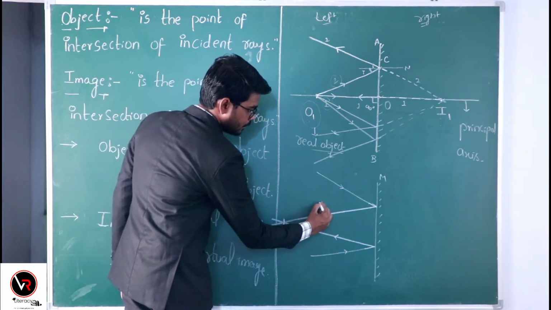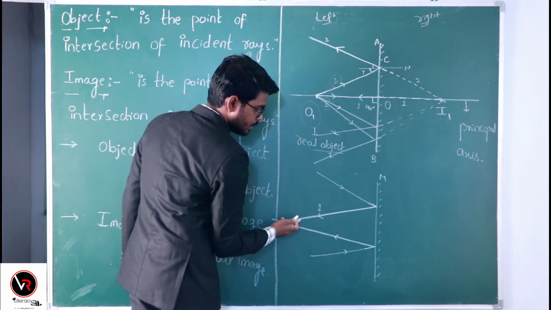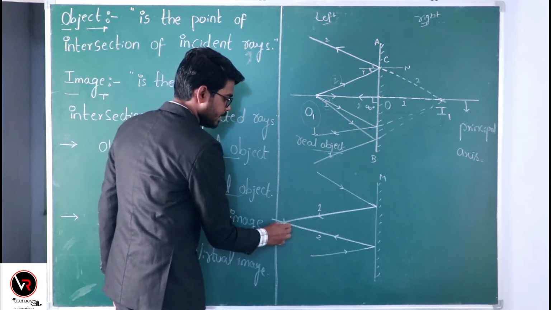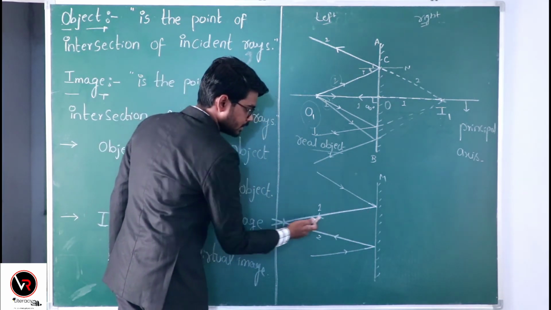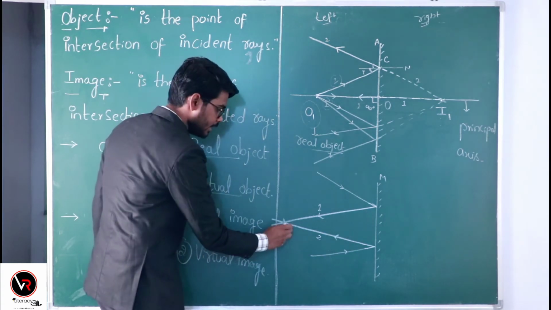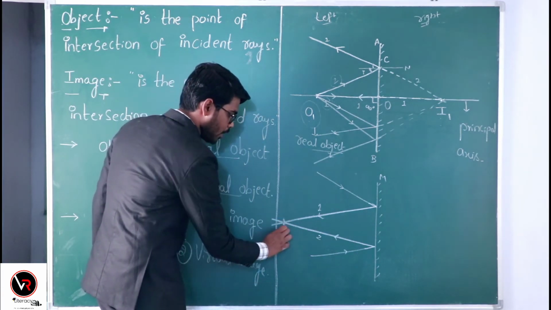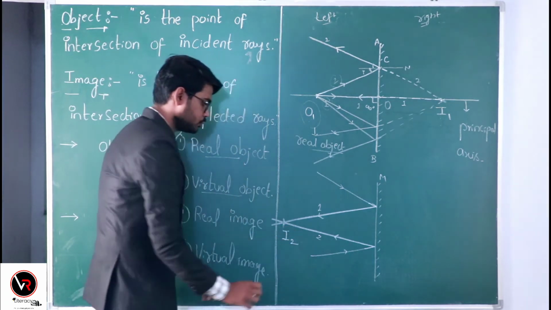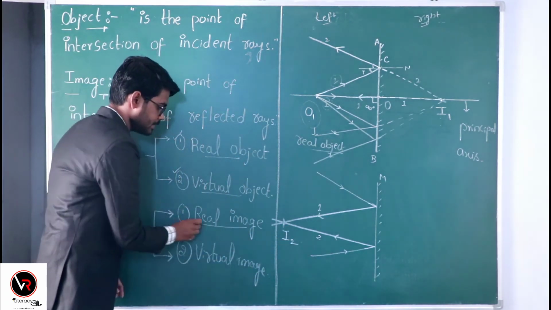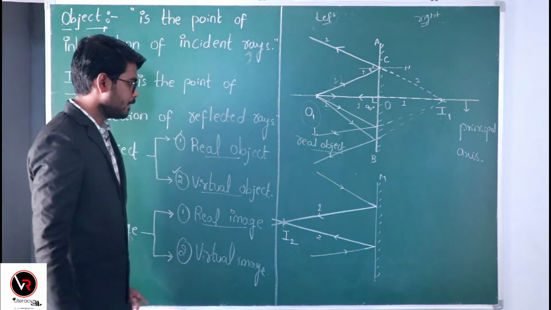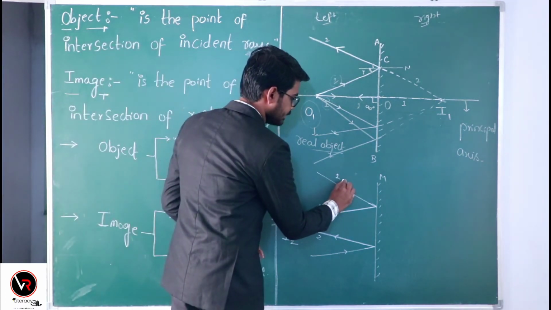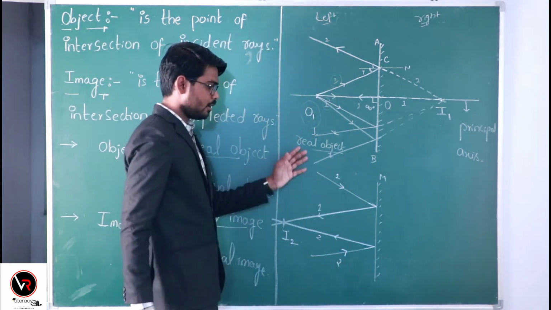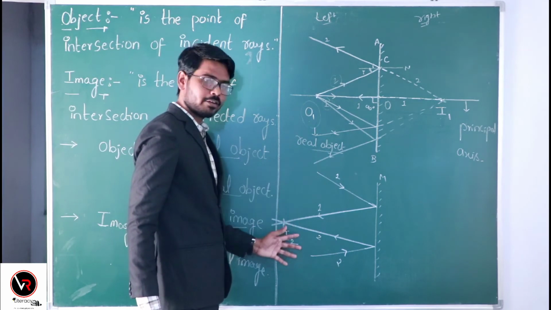Here this is the first reflected ray from the mirror, and this is the second reflected ray from the mirror. These two reflected rays intersect at this point, which forms the image I2. So this I2 is the real image. See here the first incident ray and the second incident ray; they are not intersecting on the left side of the mirror.